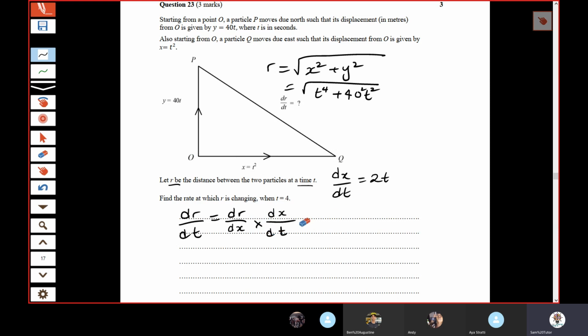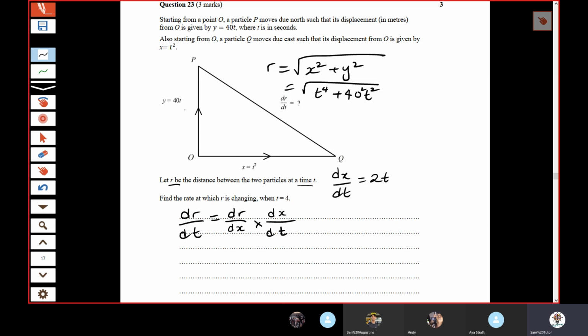If you wanted to continue this way, you need an expression with r and x only. So what you would have to do is, I'll just show you guys, r and x, right? So you've got r equals square root of x squared plus y squared. I've got to make y in terms of x. And the way you would do that is, wait, other way.